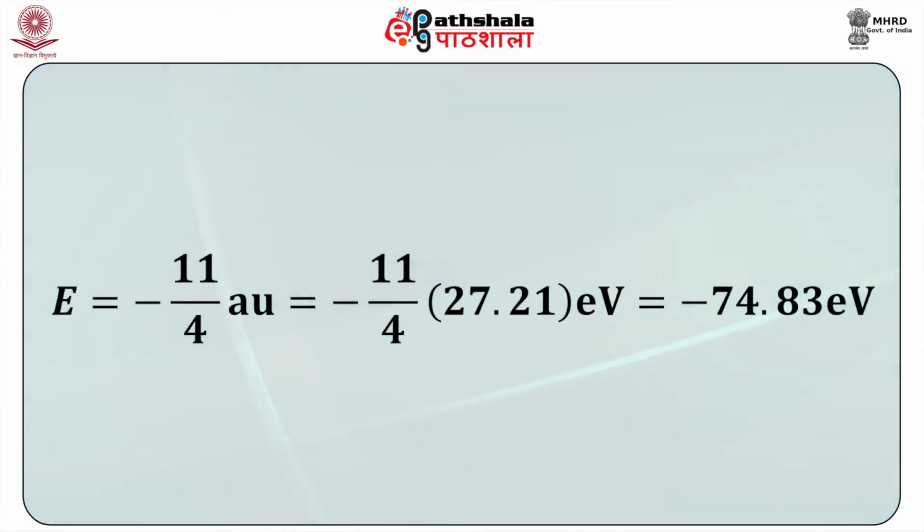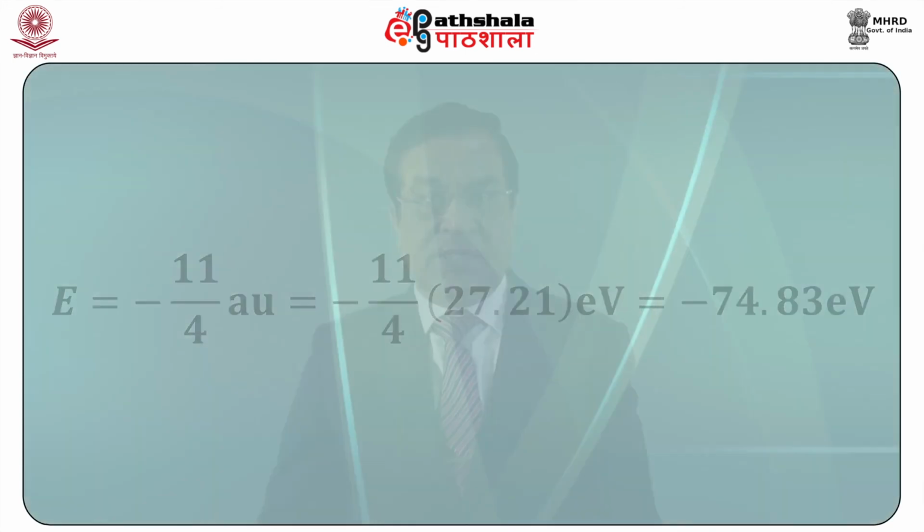We can also have this energy in corresponding electron volts, and there the value would be minus 74.83 electron volt for the energy of the helium atom using perturbation theory, whereas the corresponding experimental value would be minus 79 eV.